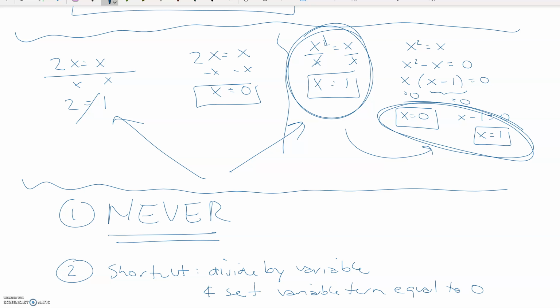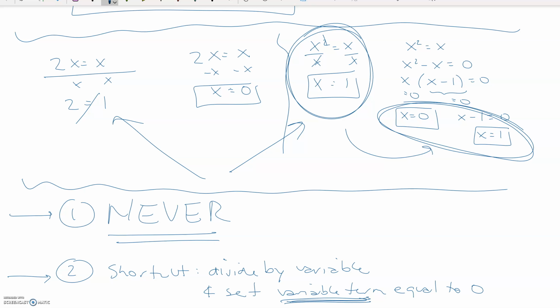So again, one, you could tell yourself, never divide by a variable. If you're the type of person that forgets the small details, just don't allow yourself to do it. Or you could say, well, if I'll remember it, I'll go ahead and divide by a variable because it makes a shortcut. And then I just have to remember to set the variable term, the term that I'm dividing away, equal to 0.